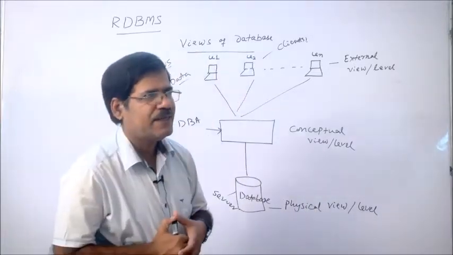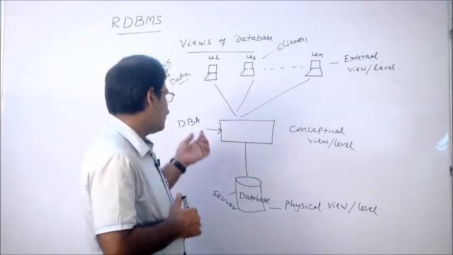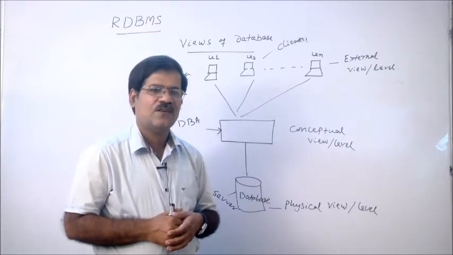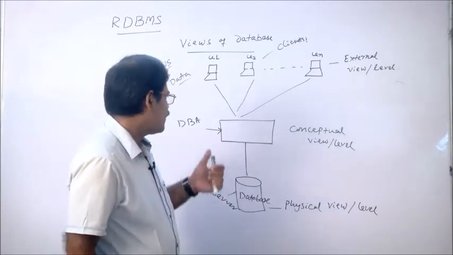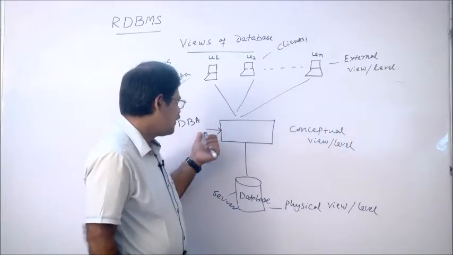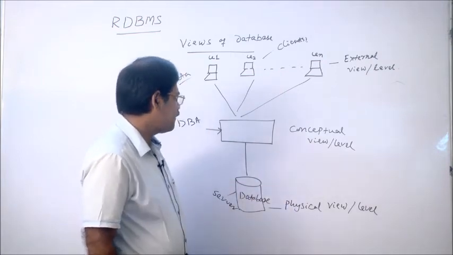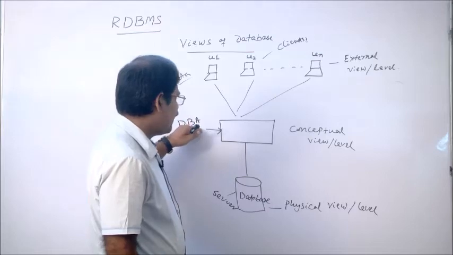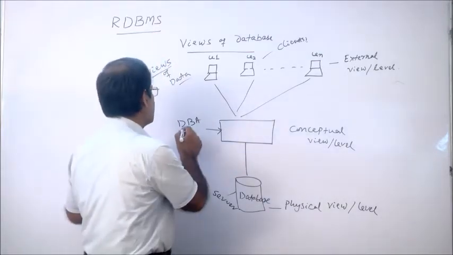Who is a DBA? DBA means database administrator. Is the database administrator a person or a program? It is a person, not a program. A person who is present between the user and the database. This DBA is also called the super user.